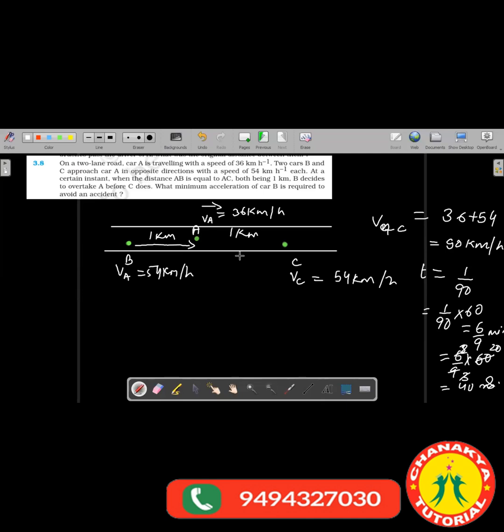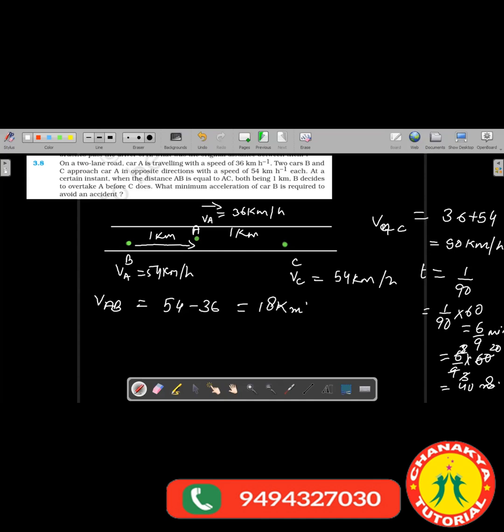So let's find the relative velocity of B with respect to A. This would be 54 minus 36, and the speed would be 18 kilometer per hour.